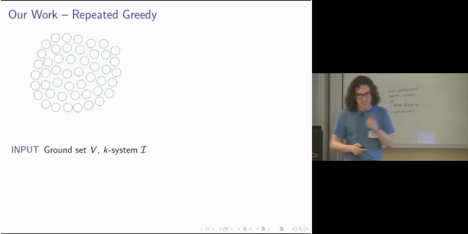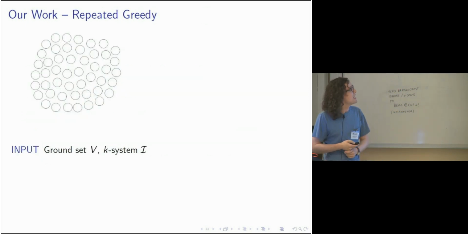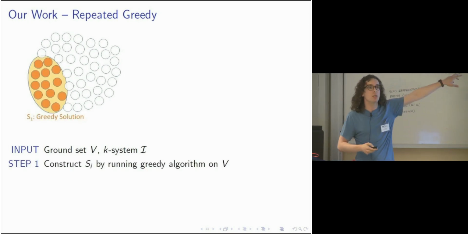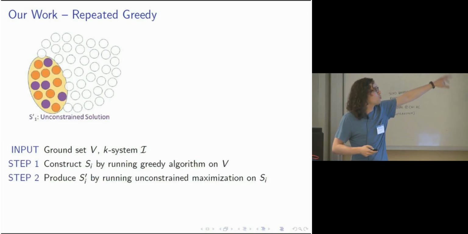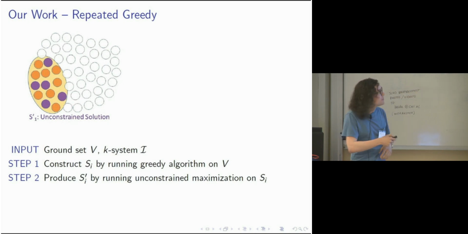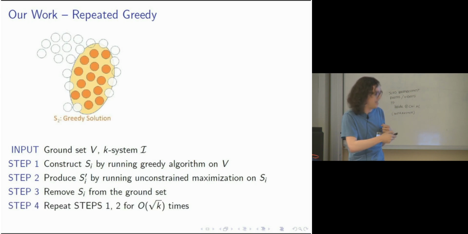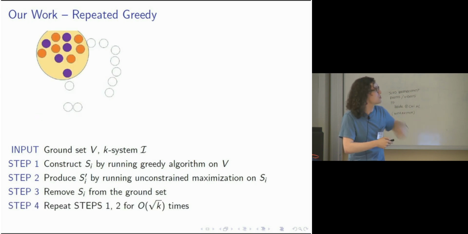The second algorithm here is similar. We're going to have this greedy solution here. We're going to run an unconstrained optimization inside this greedy. We're going to remove that from our ground set, run greedy again, do an unconstrained, and repeat this square root of k times.